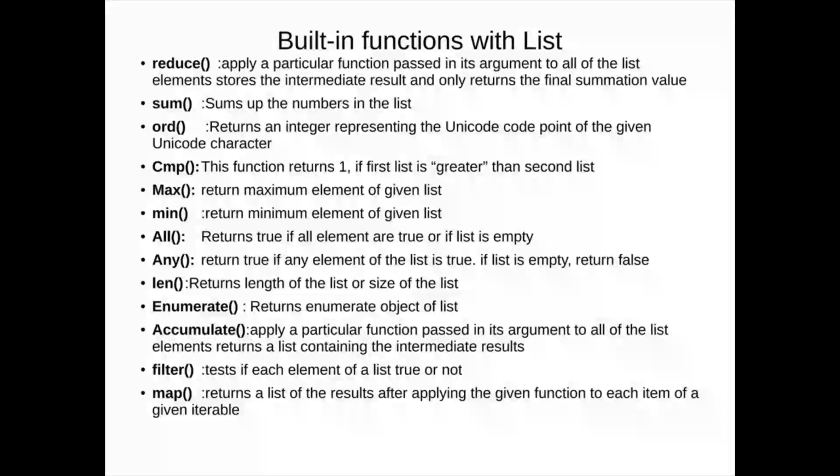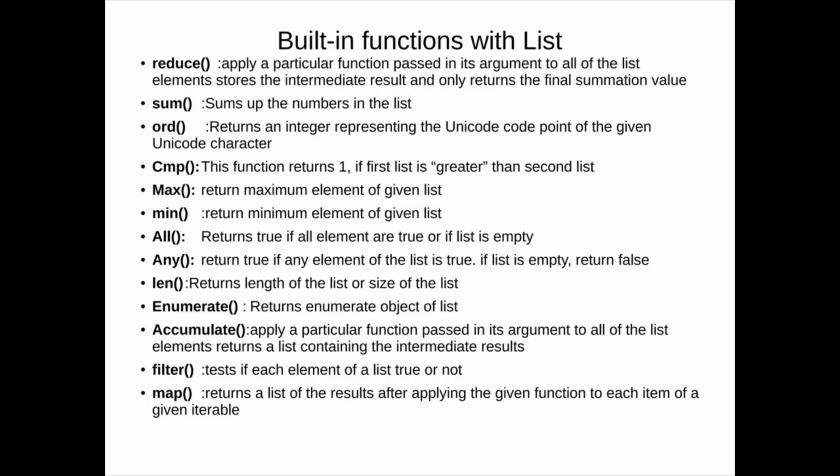Next, built-in functions with lists: reduce, sum, ord, cmp, maximum, minimum, length, all, any, enumerate, accumulate, filter, and map. Reduce applies a function cumulatively. Sum gives the sum of the numbers in the list. The ord method returns an integer representing the Unicode code point of the given Unicode character.